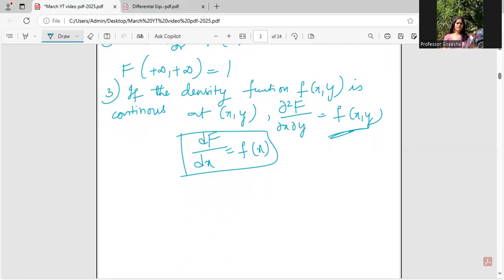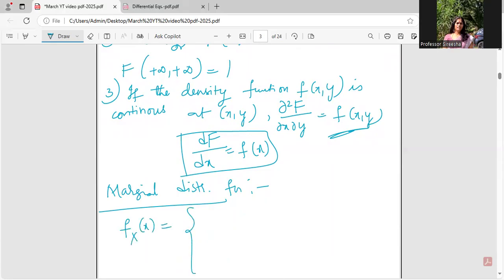Apart from these things, how do I define marginal distributions? Marginal distributions for continuous and discrete. Of course, already we have seen for discrete in the previous video. I'll just write the marginal distribution of x. Of course, I can write it for you in discrete as well. P capital X, and just to show the difference, sum of p x comma y.